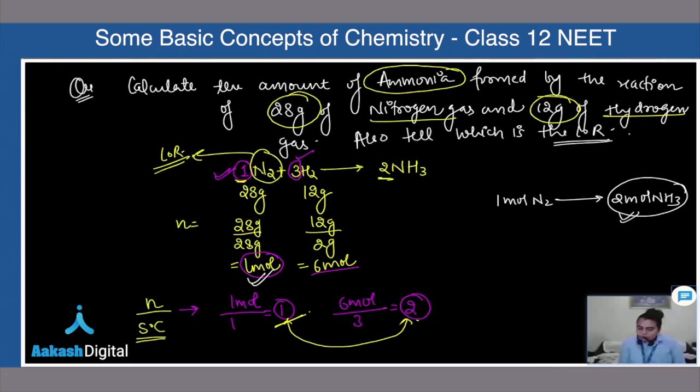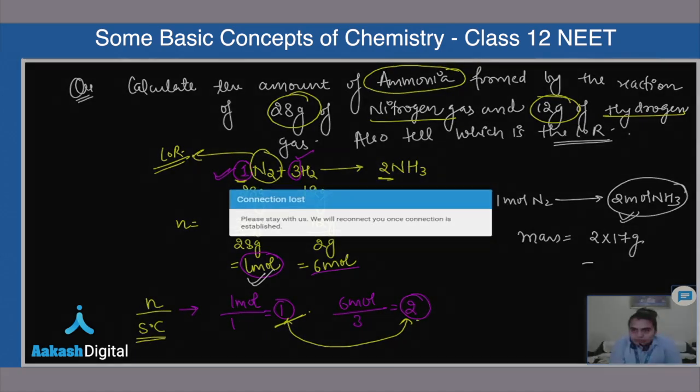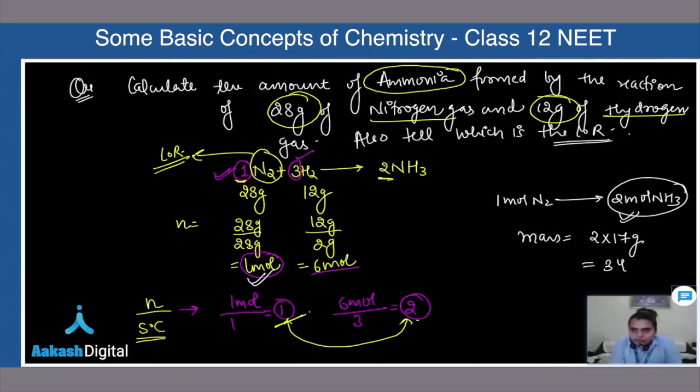Is it clear? See, what did I say? First write the reaction. Whatever mass is given to you for the reactants, with that calculate the number of moles. To find the limiting reagent, calculate the number of moles by stoichiometric coefficient value.